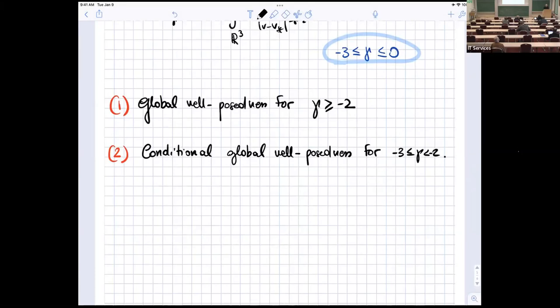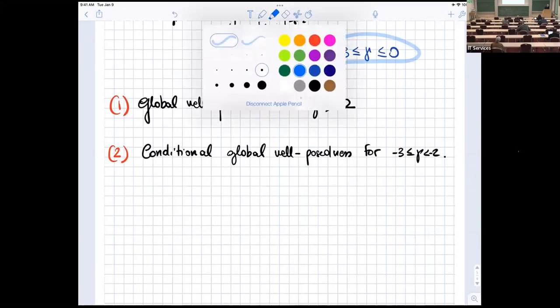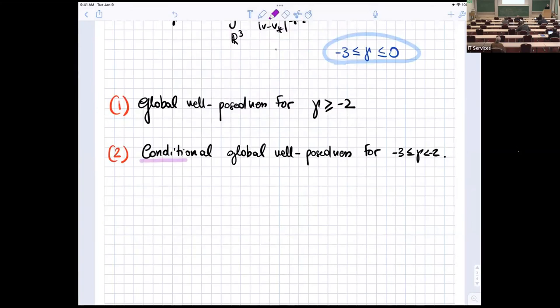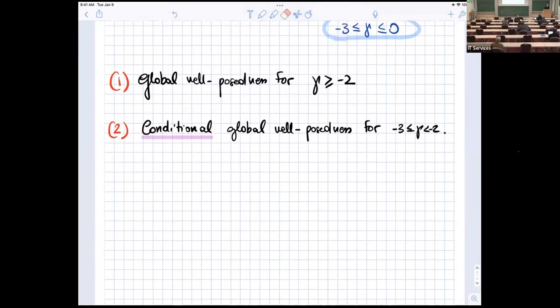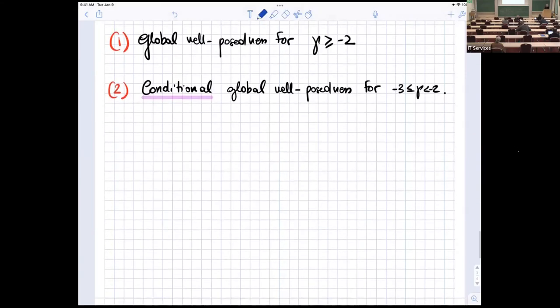So conditional here means that the regularity is built upon an assumption on F, and this assumption is yet to be proven. And in particular, one can do many assumptions, right? But what is, as of today, somehow the easiest one?